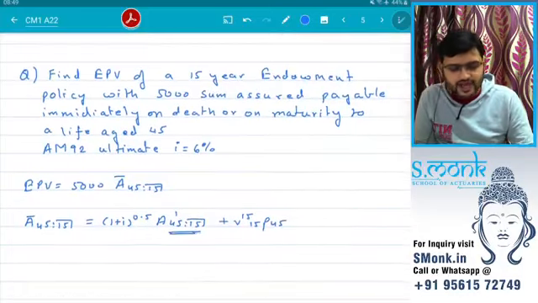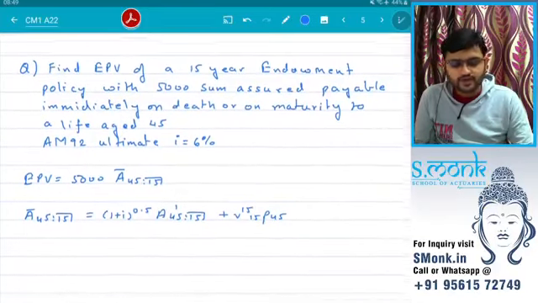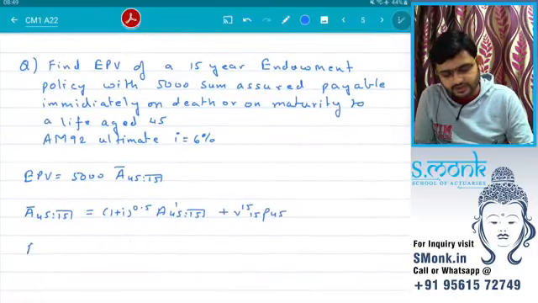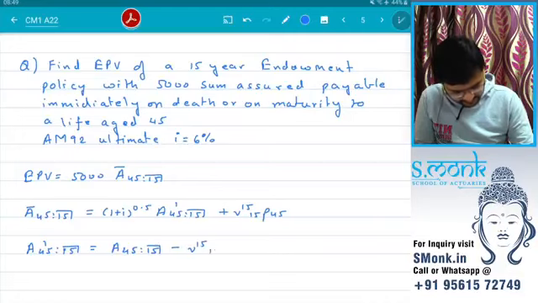Now because this adds up to 60, I can actually use the endowment table to find this term assurance. So A 45 dash 15 can be found using the endowment value. So A 45 15 will have minus v raised to 15, 15p45.